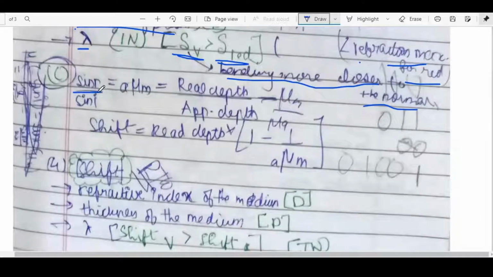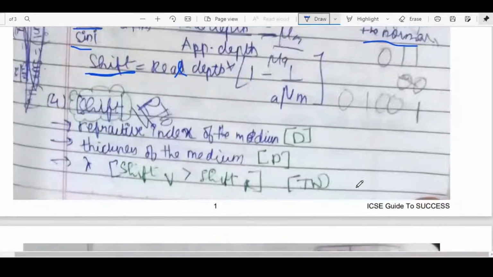Next, Snell's law. Sin i upon sin r is equal to mu with respect to A, A is air, which is equal to real depth upon apparent depth, which is equal to mu m upon mu a. The formula for shift is real depth into 1 minus 1 upon the absolute refractive index of the medium.